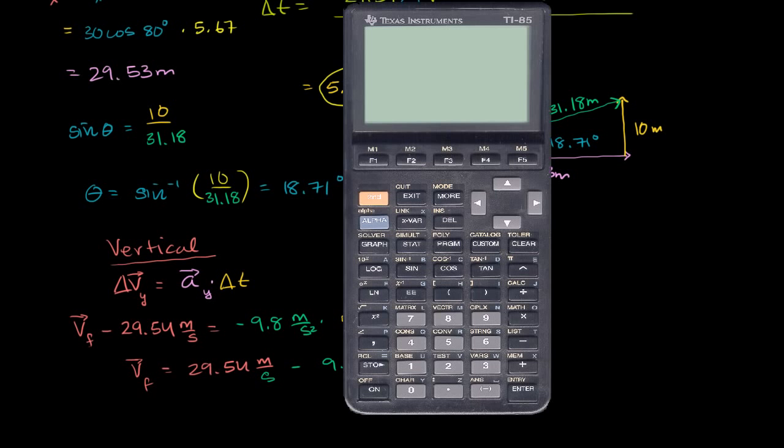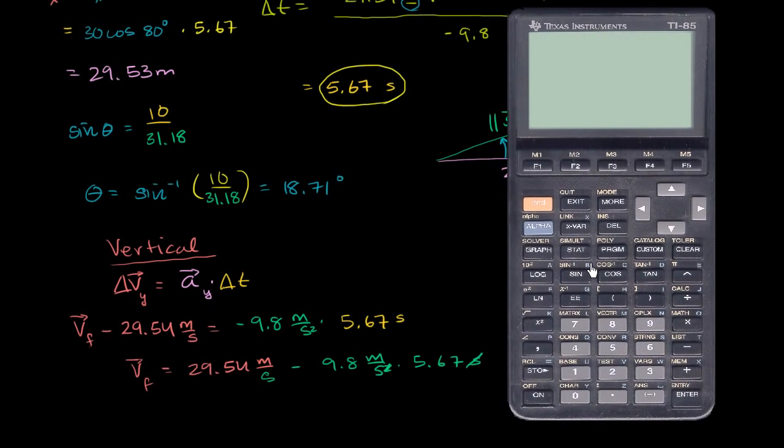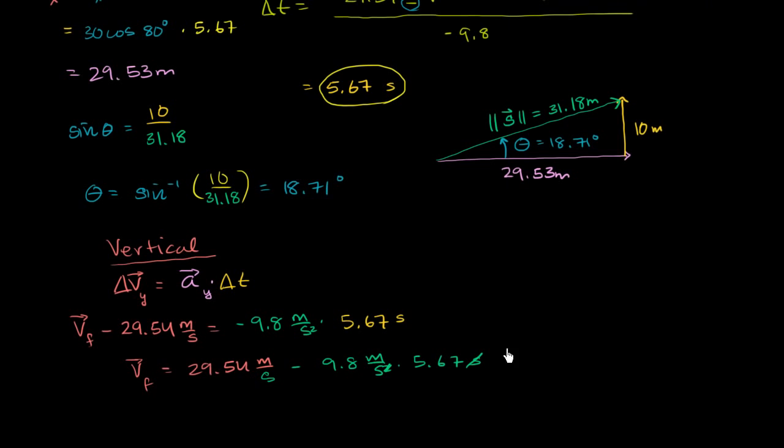And so get the calculator out again. We have 29.54 minus 9.8 times 5.67. So we get our final velocity is negative 26.03, I'll say. So this is negative 26.03 meters per second.